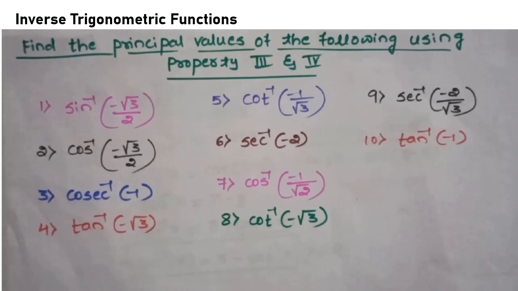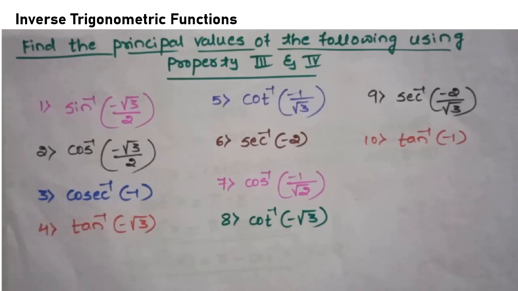of the followings. Okay, so we have now proved property number 2 as: sine inverse 1 by x is cosec inverse x, tan inverse 1 by x is cot inverse x, and cos inverse 1 by x is secant inverse x. And property number 3 as: sine inverse of minus x is minus sine inverse x, tan inverse of minus x is minus tan inverse x, cosec inverse of minus x is minus cosec inverse x.